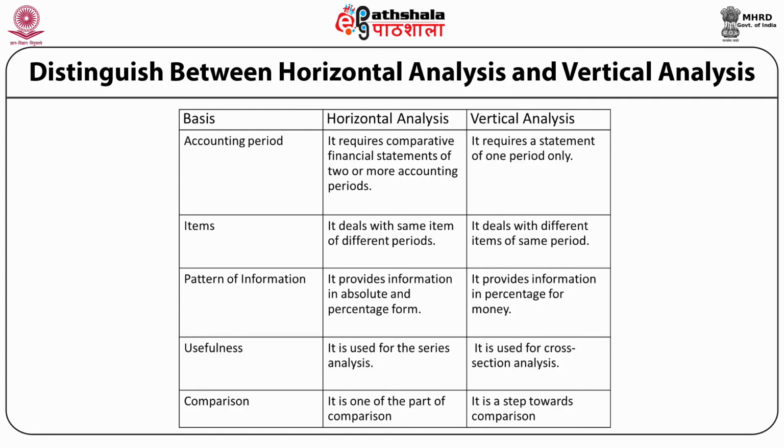Horizontal analysis deals with the same item of different periods, whereas vertical analysis deals with different items of the same period. Third point of differentiation, pattern of information. Horizontal analysis provides information in absolute and percentage forms. Vertical analysis provides information in percentage form only.